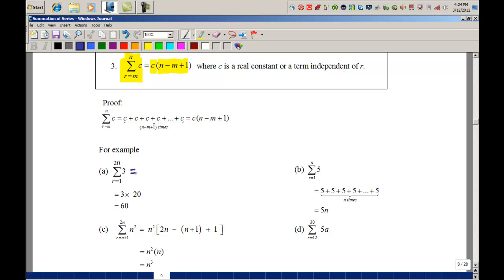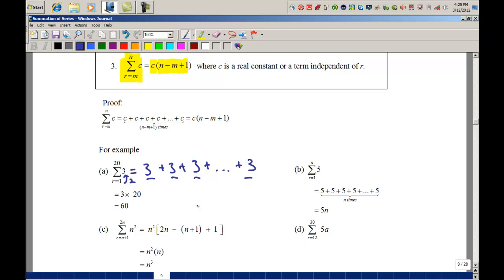Now if I want to sum 3 from the lower limit r equals 1 to 20, what does this mean? This means I will put 1 in, I will put 2 in, I will put 3 in, until I put 20 in. Now notice that each of the numbers are all 3. This is because when you put a number into 3, there's nothing to substitute r with.